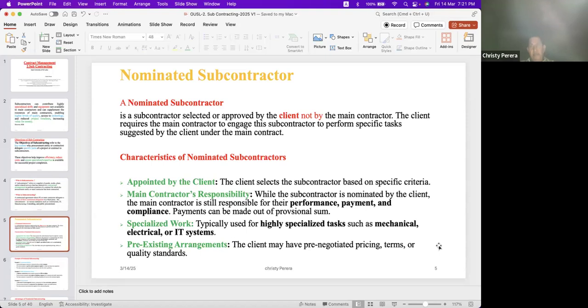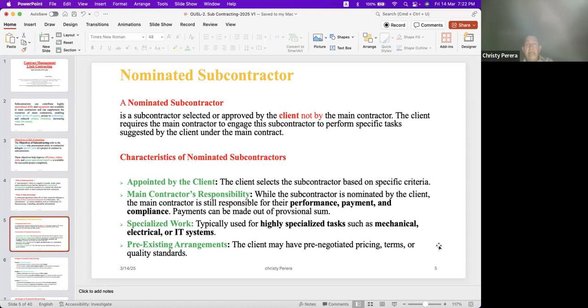Specialized work, typically used for highly specialized tasks, such as mechanical or electrical or IT systems. There are some specialized areas where there is no facility with the main contractor. He is unable to do it.